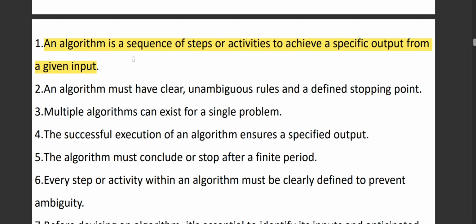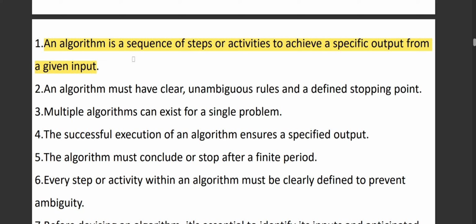What is the output? Tea. And what is the algorithm for this? The steps that we discussed are the algorithm for this process. So this is a real world example and we can write an algorithm for any task.